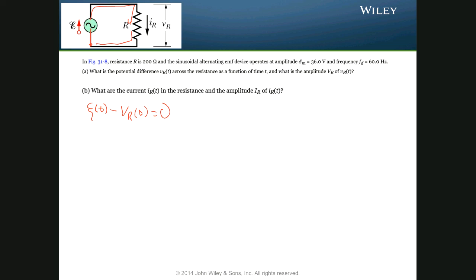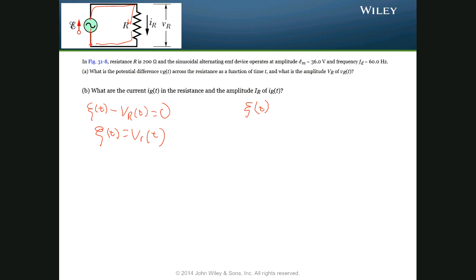So we can see here that E(t) is going to equal V_R(t). So now all we have to do is construct epsilon, or not epsilon, but the electromotive force as a function of time.